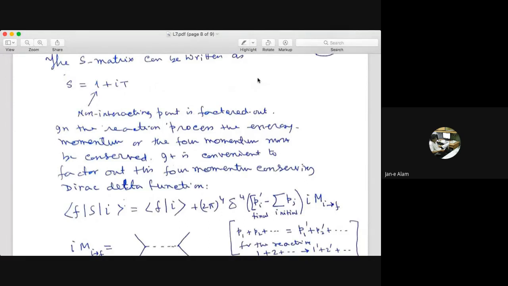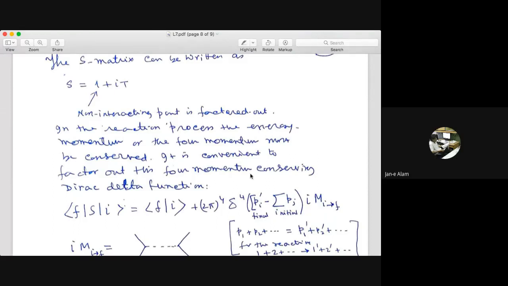Then p1 plus p2 must be equal to p1 prime plus p2 prime. Similarly, E1 plus E2 must be equal to E1 prime plus E2 prime. So from this T, I can always factor out that energy-momentum conservation, which is implemented by a delta function, because p1 plus p2 equals p1 prime plus p2 prime.